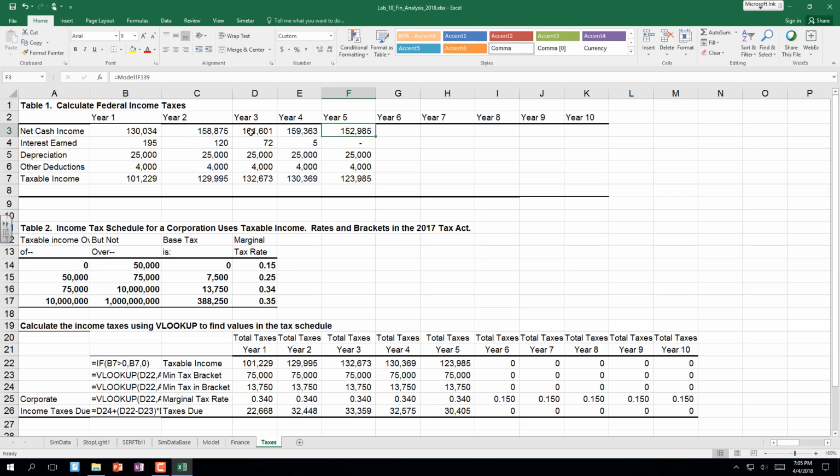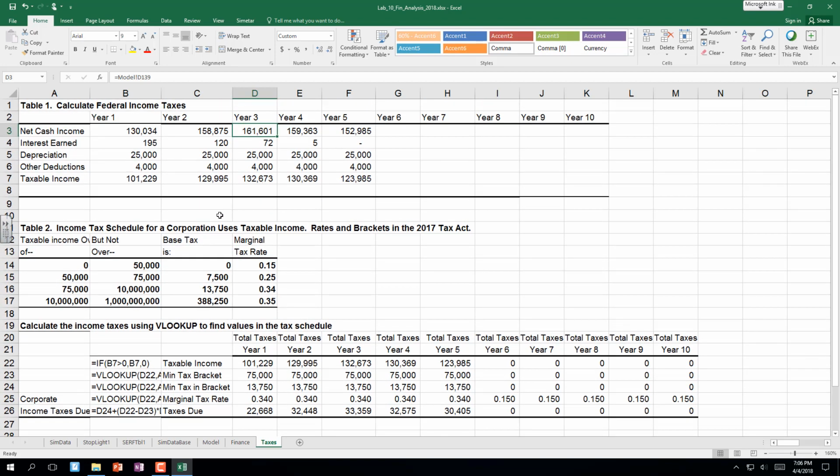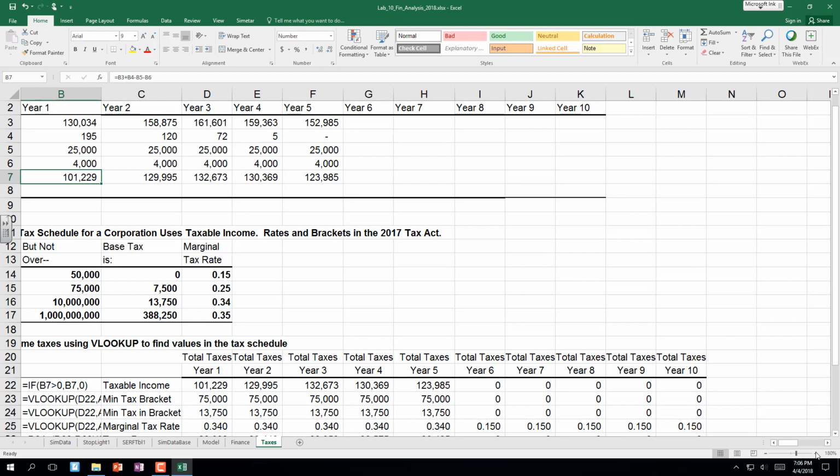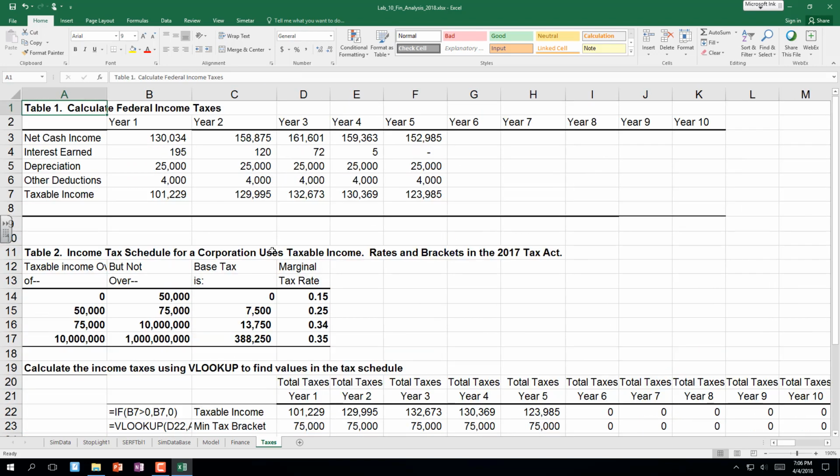Okay, 18, 19, 20. I have 32,448 for year 2, but then my year 3 is 24,000. I don't know why that's happening. Now wait, what are you talking about there? If you got taxable income the same as I've got here? Yeah, until year 3. Year 3 comes down. Which is wrong?